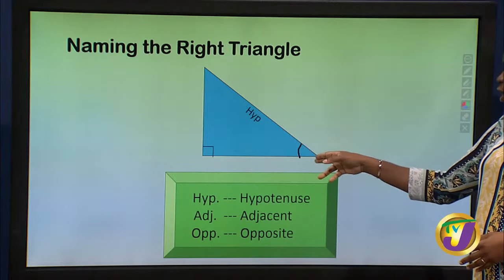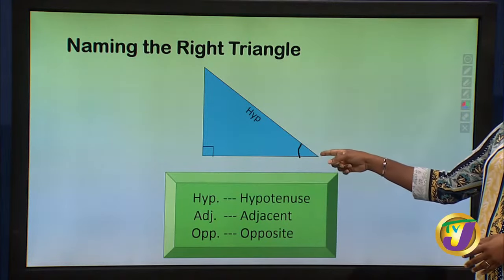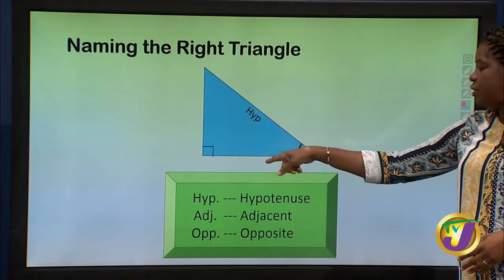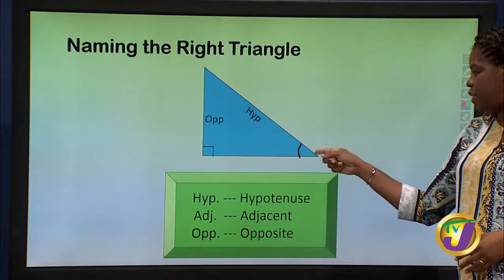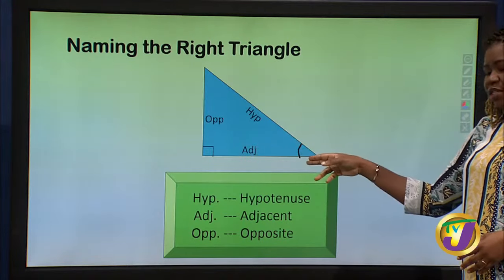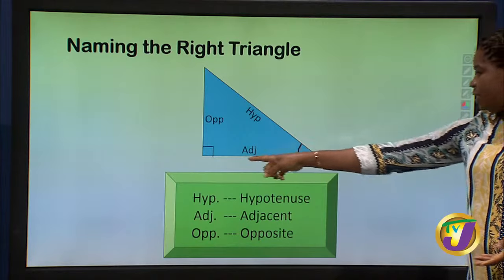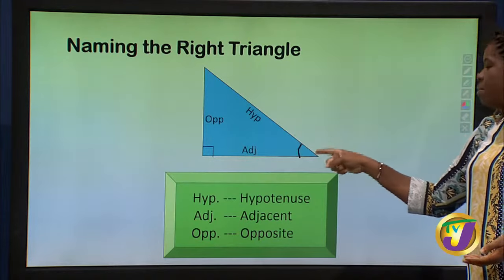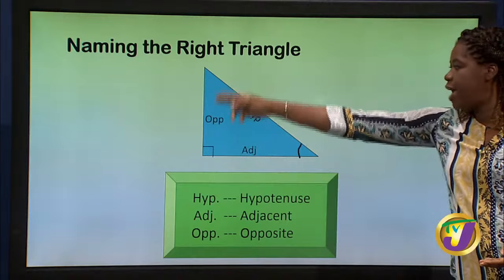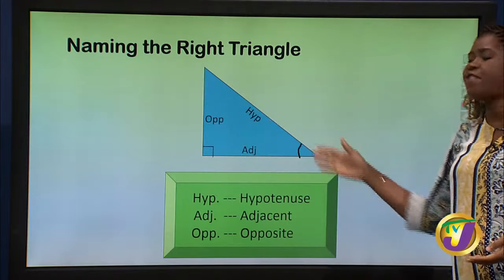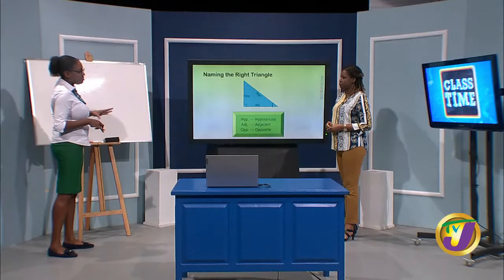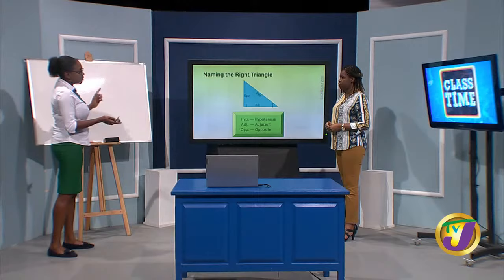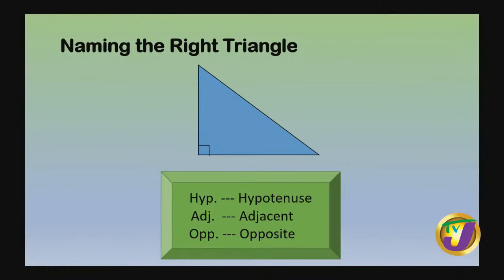So if the angle is here at this point as shown on the screen, this side would be opposite to the angle and this side would be adjacent, meaning beside. So this side is beside this angle, and this side here is opposite or facing the angle. And we should also note that the opposite and the adjacent sides are perpendicular. Right, so that's where we get the right angle right there.